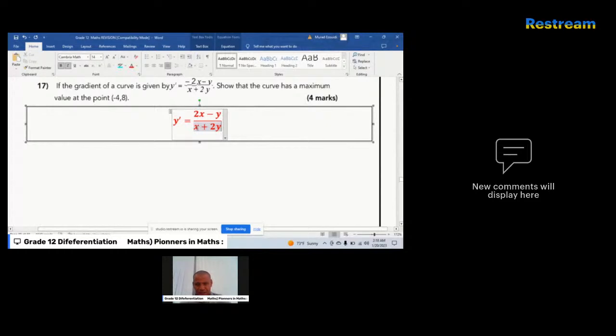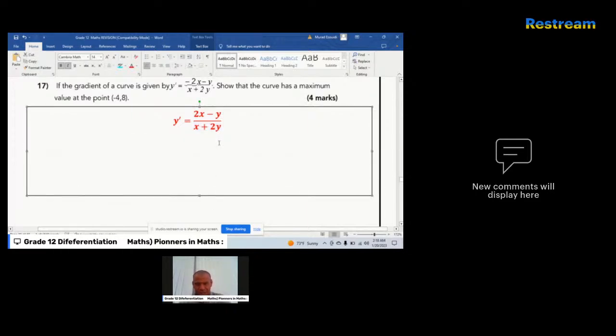Then x is -4 plus 2 times 8, it will be -4 plus 16, it will be 8.